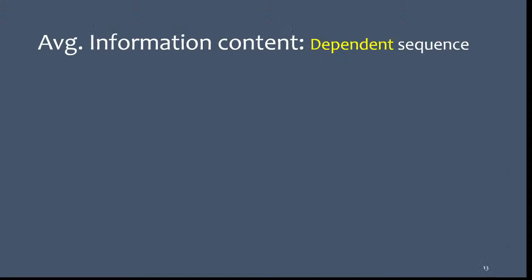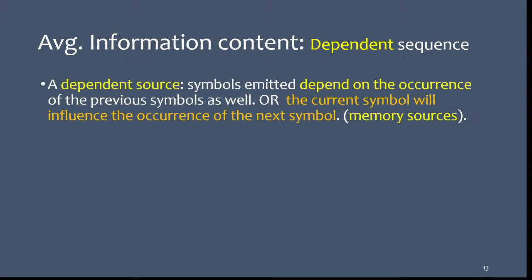Okay, next, the average information content for a dependent sequence, so a Markov sequence. Here, a dependent source is what? The symbols emitted depend on the occurrence of the previous symbols, or the current symbol will influence the occurrence of the next symbol. That's a memory source.